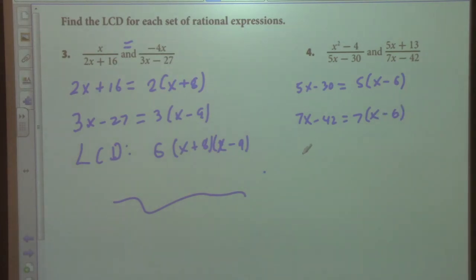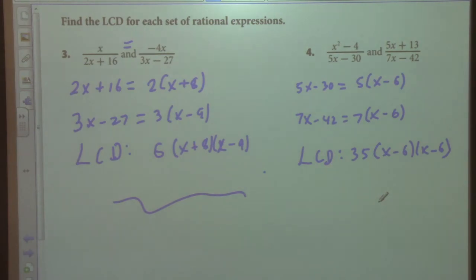Okay, so based on this, what will be your least common denominator? Is it 35 and then parentheses x minus 6, and then parentheses x minus 6 as well? So like this?